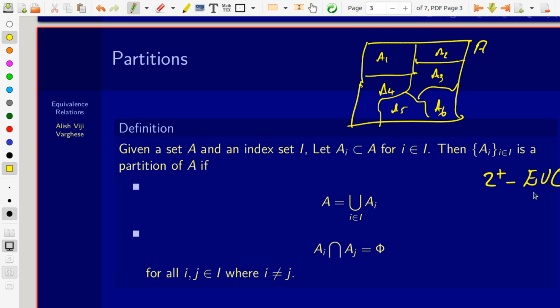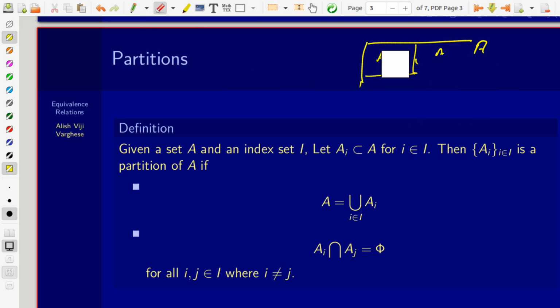The union is equal to the positive integers, and we know that the intersection of even numbers and odd numbers is equal to the null set. So it's a partition of the set of positive integers. That is the meaning of partition of a non-empty set.